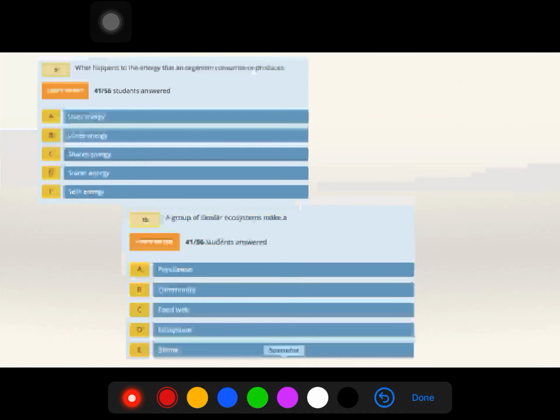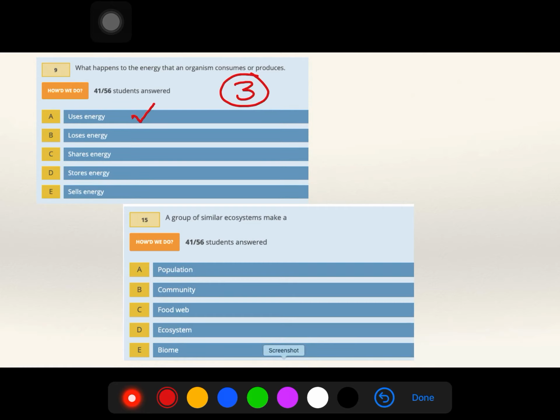Okay. The next two questions, what happens to the energy that an organism consumes or produces? And there are 3 answers here that are correct, and you're going to be filling these 3 things in your digital journal. The 3 things that can happen to energy, think about eating something. When you eat something, you get energy. Well, one thing you could do is you could use it.